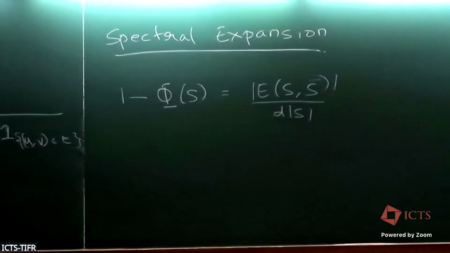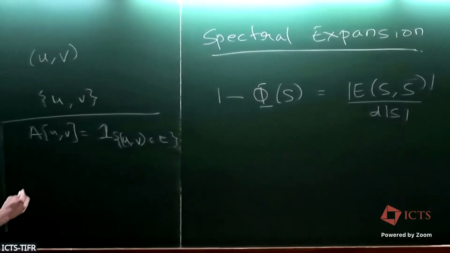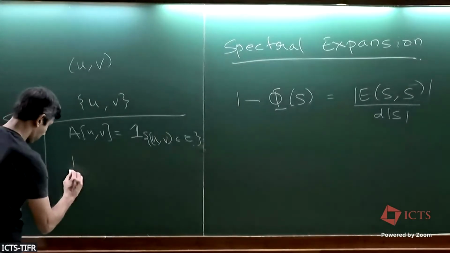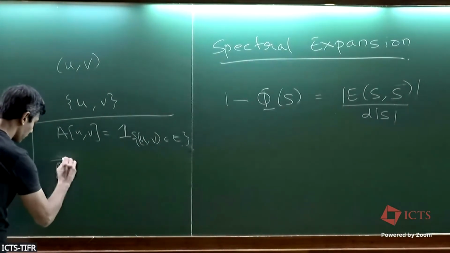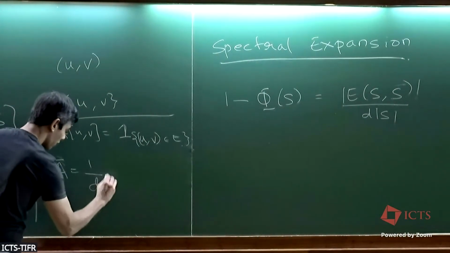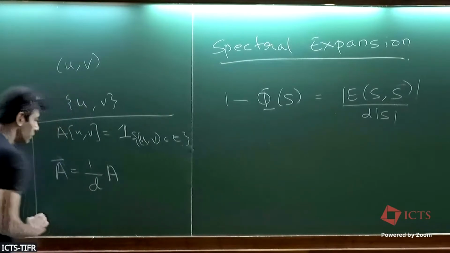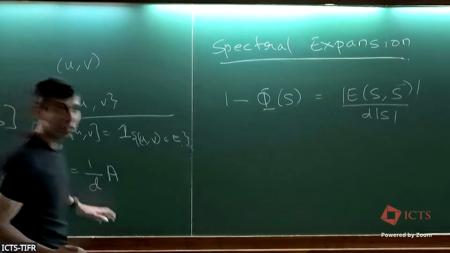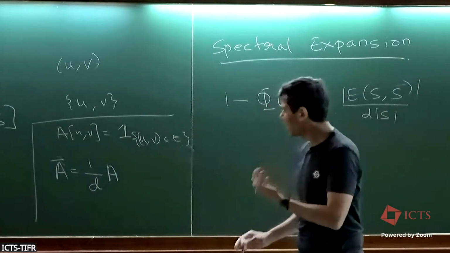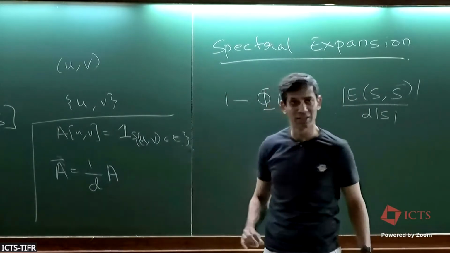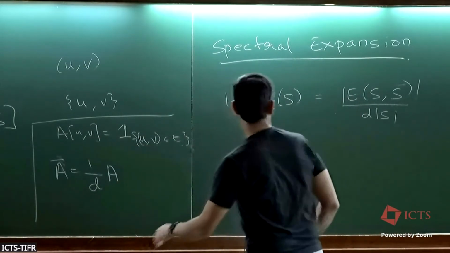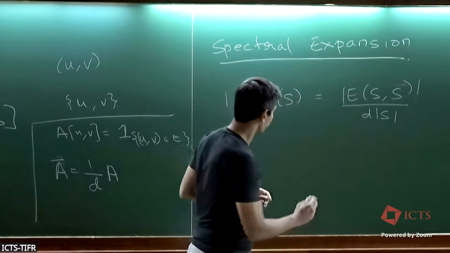And we'll actually also use a normalized version of the adjacency matrix. So let's use A bar for 1 over D times the adjacency matrix of the graph. This is a notation we'll come back to, and I'll write things more in terms of this A bar rather than A. All right, so let's write this expression.